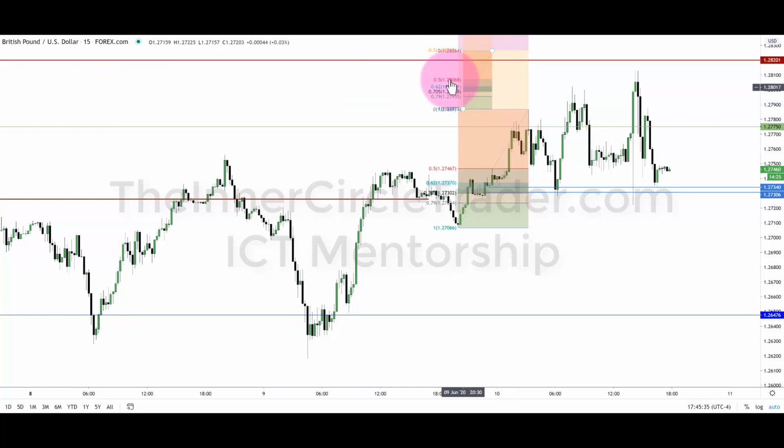So you have 128.06 and 8 pipettes. That's your mid-level between this level and this level here. And that's how we do standard deviations. So it's like a midpoint. 1.2806 and 8 pipettes. If we take that out and extend it in time, you can see that's where we hit.